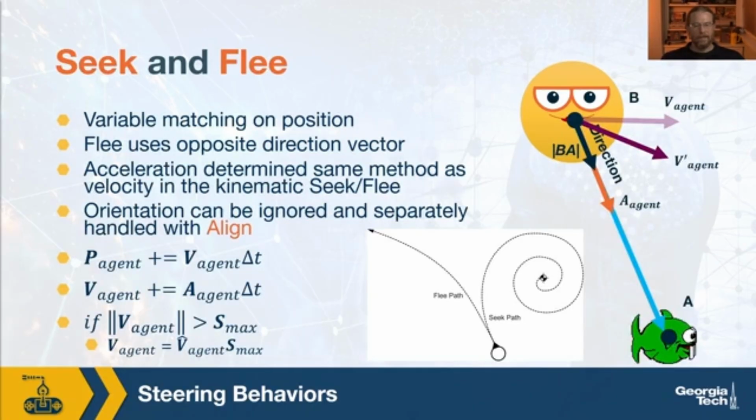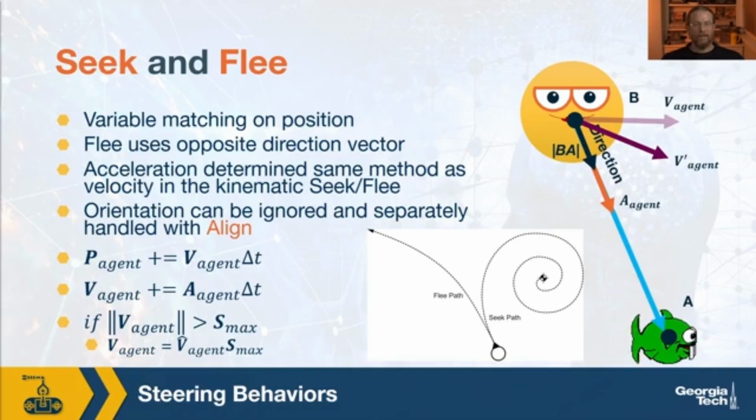So let's first consider seek and flee. And so we've looked at similar scenarios with the kinematic movement. So in this case, we want to perform variable matching on a position.